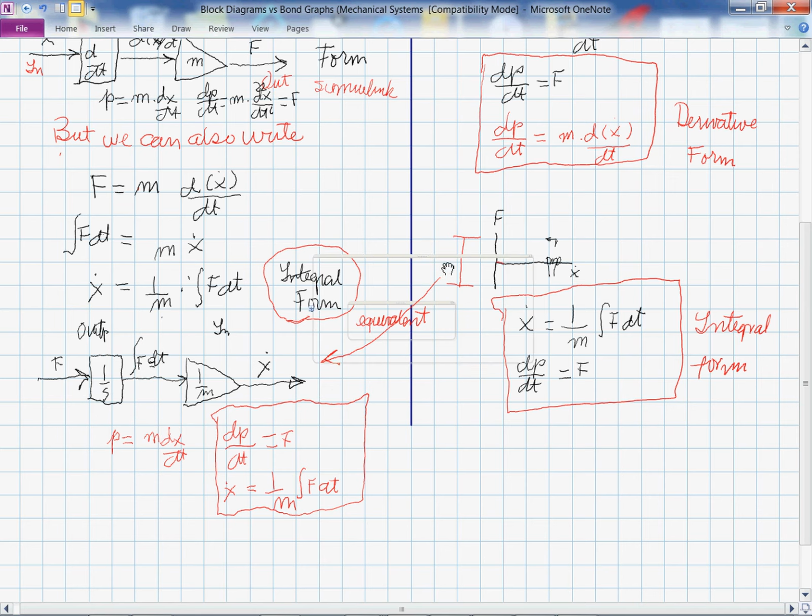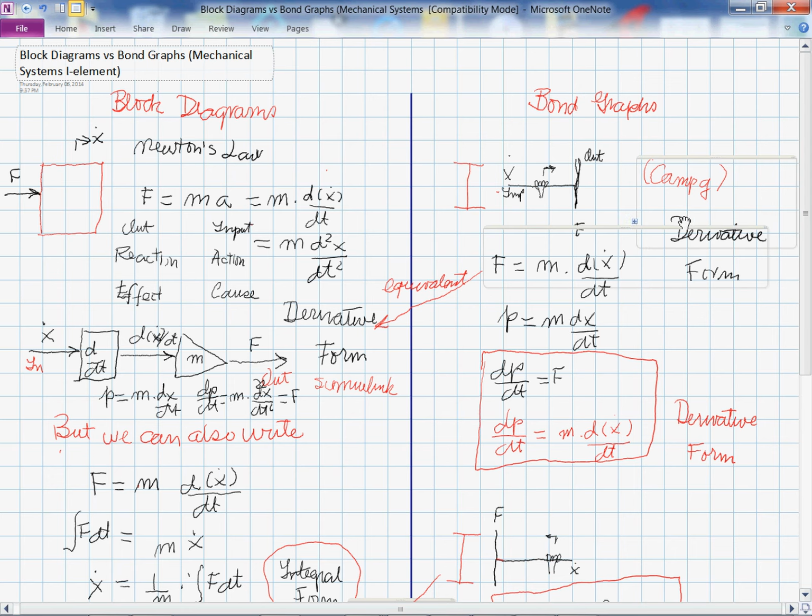But both of them represent the same equations, and therefore they are two totally equivalent representations. And that's how we can see, if we compare the block diagrams and the bond graph models, that although the representation looks here in blocks and here looks in the symbol, the content is exactly the same, and therefore the equivalence between both of these methods.